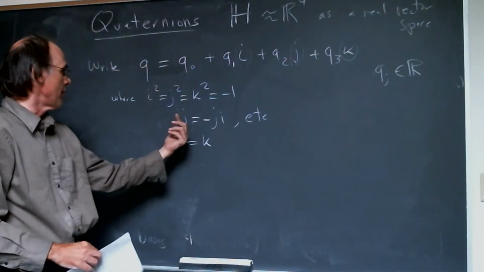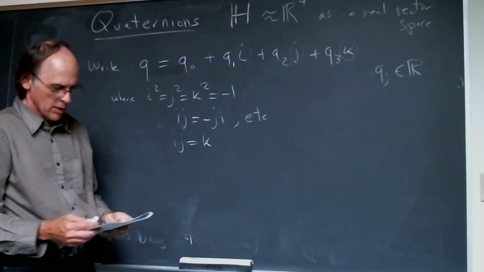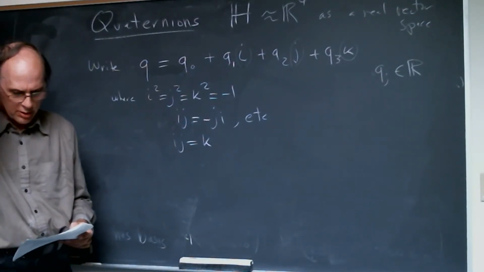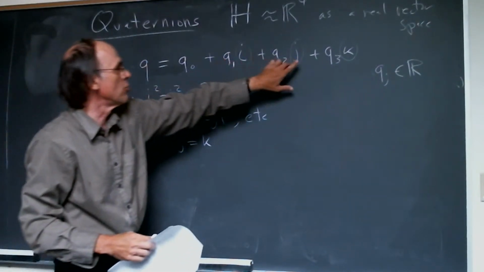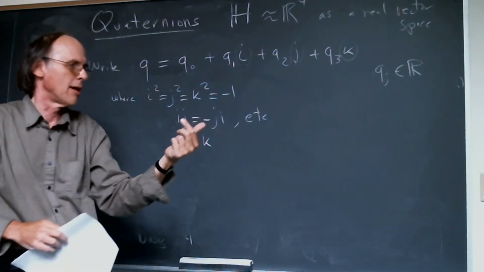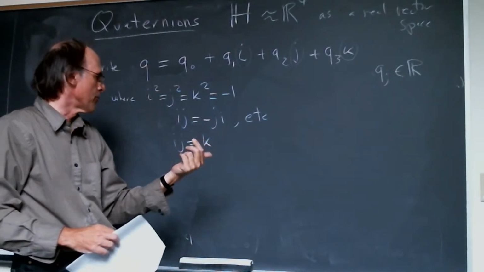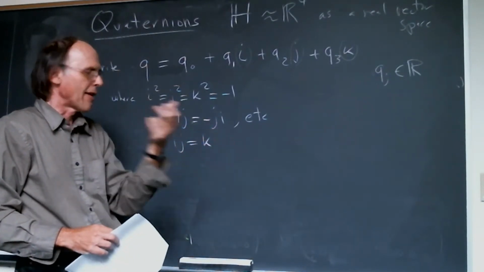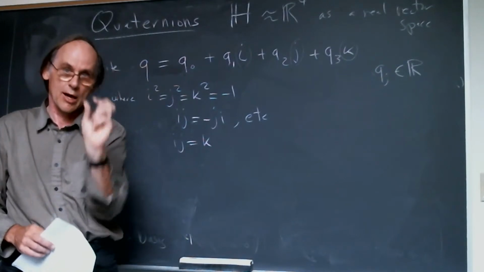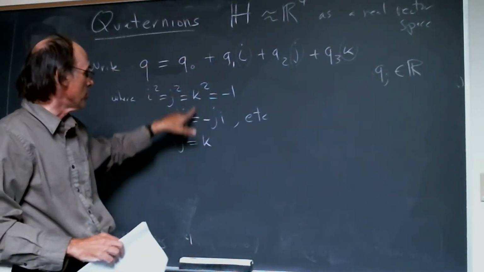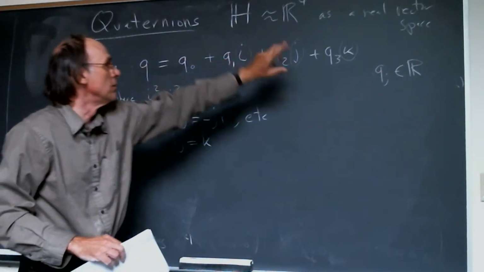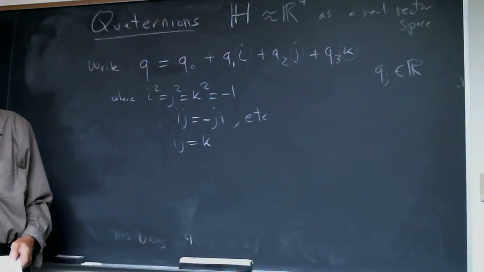But if you take any two of these and multiply them, you have to be very careful about the order. If you do it in the other order, there's going to be a minus sign. These are the rules, and once you know these rules, you can do this.